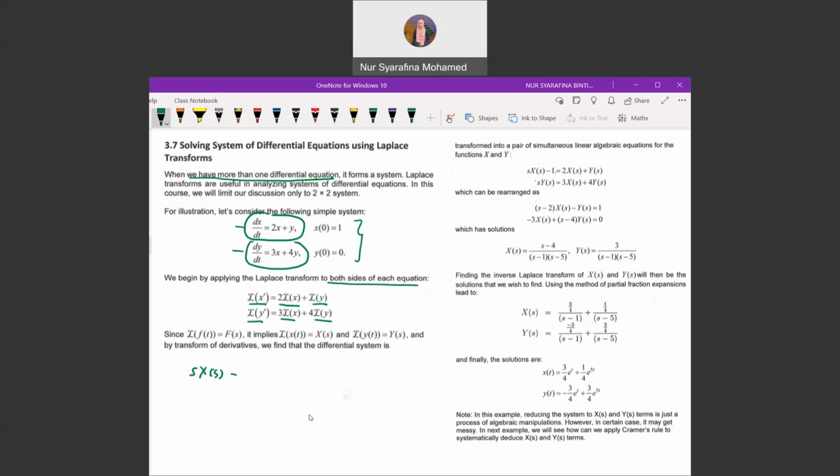So transforming x prime, what should we have? sX(s) minus x(0) equals 2X(s) plus Y(s). And then this one, sY(s) minus y(0) equals 3X(s) plus 4Y(s). As you can see, this is the condition, so we just substitute the condition given.